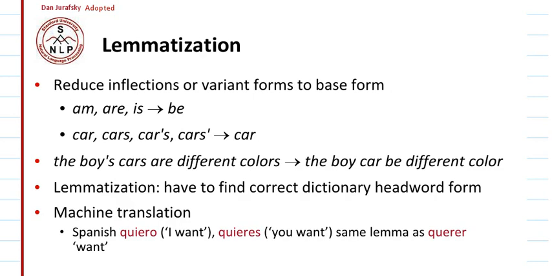So lemmatization is reducing the variations of a word to a base form, right? Inflection means a variant, some surface form. So I can also call it a surface form, reduced to a base form.